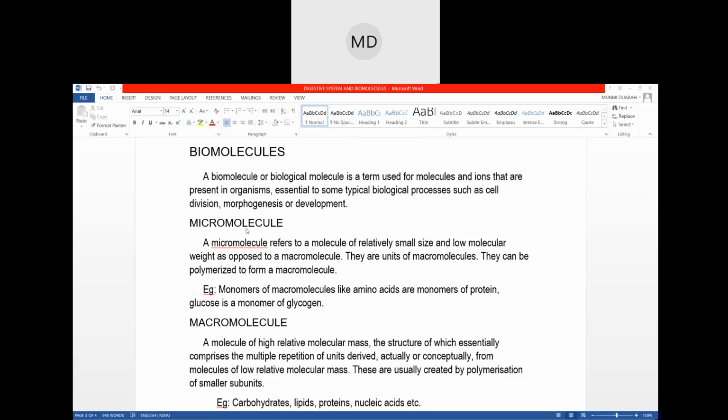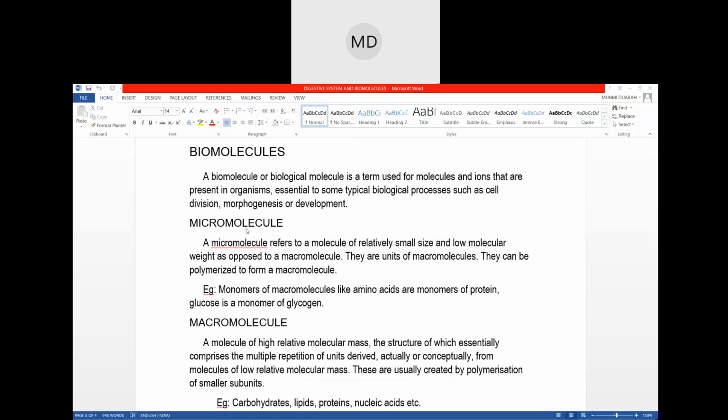Can you give me examples? Monomer is a basic unit of polymer. In simple terms, a monomer is a single unit, and many monomers together form a polymer. You can take the example of a concrete wall.